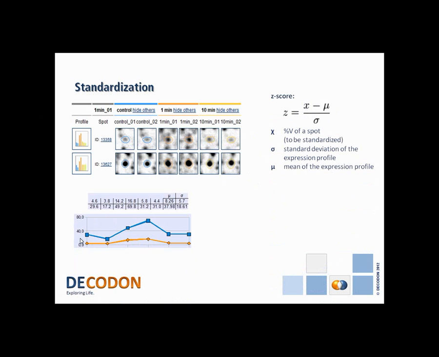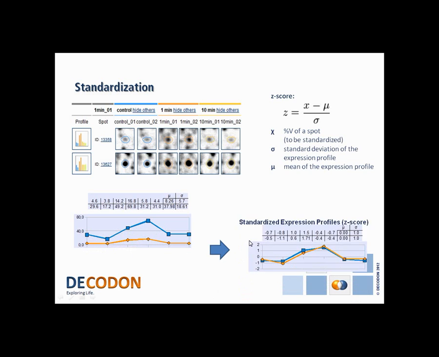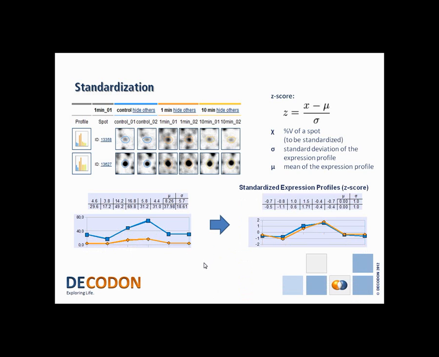For example, we have the quantities of these two expression profiles given in this table, along with the means and the standard deviations of these two expression profiles, and this is how these expression profiles look. It's not obvious whether they are similar to each other or whether they are similar because they have such different intensity levels. But if we apply the Z-score calculations, we result in this table.